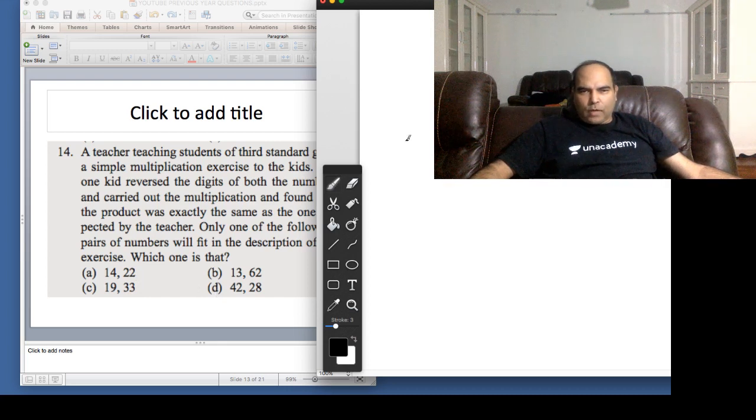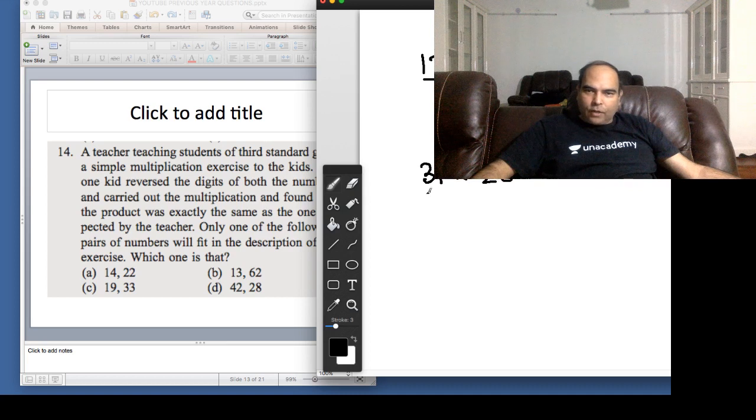Now, of course, through trial and error you can check option B: 13 into 62. If you reverse it, it becomes 31 into 26. 13 into 60 is 780, and 13 into 2 is 26, so this is 806.